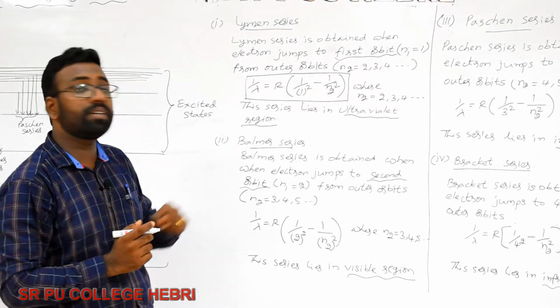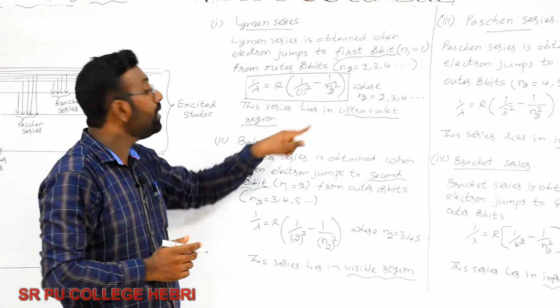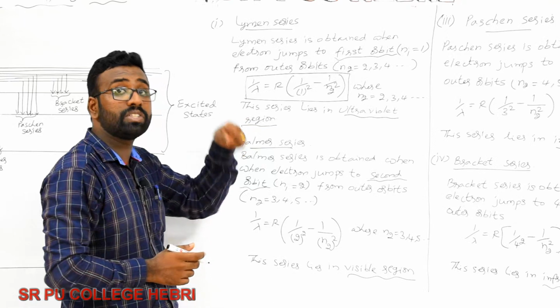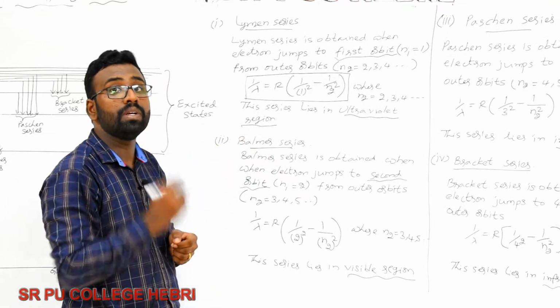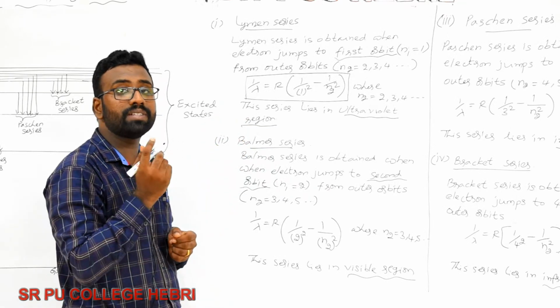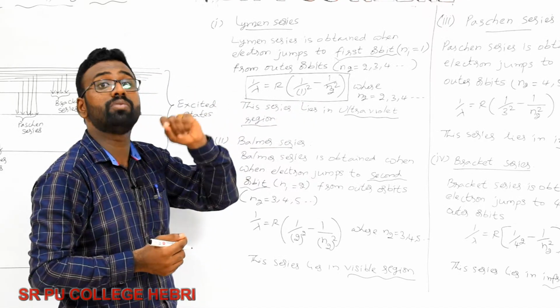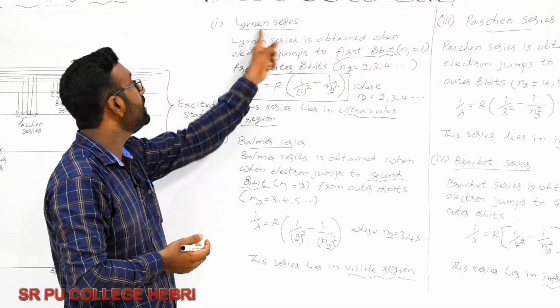When I first introduced this equation, I told you that you will come to know why this is 1 and why the second term is 2, 3, etc. The main reason why it is 1 is because the electron jumps to the first orbit in the case of Lyman series.